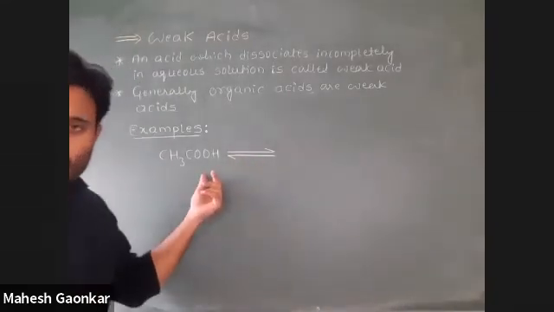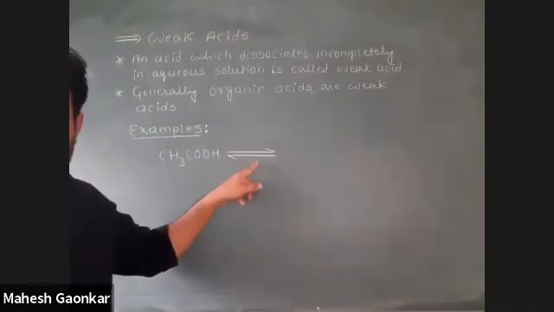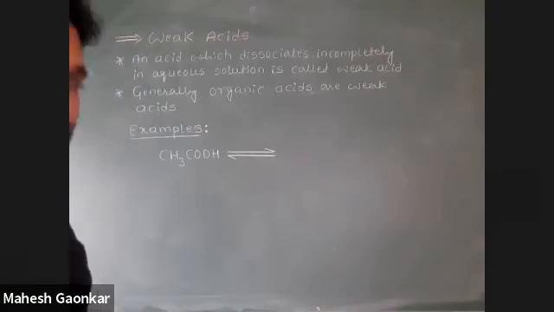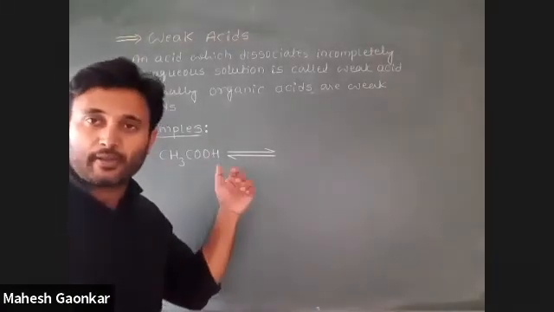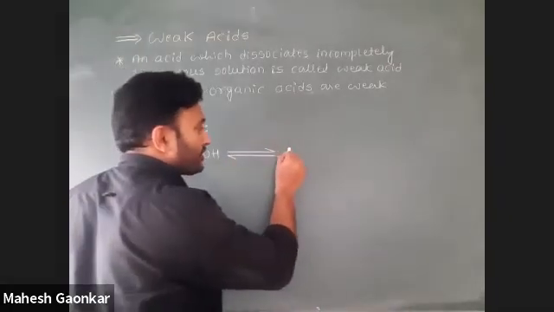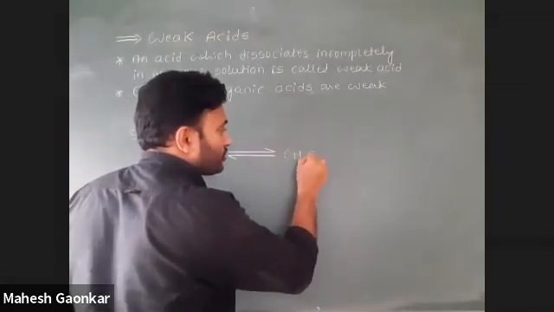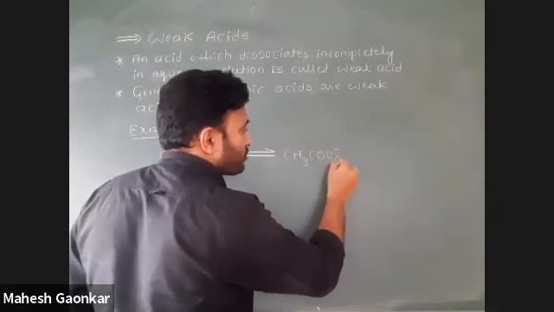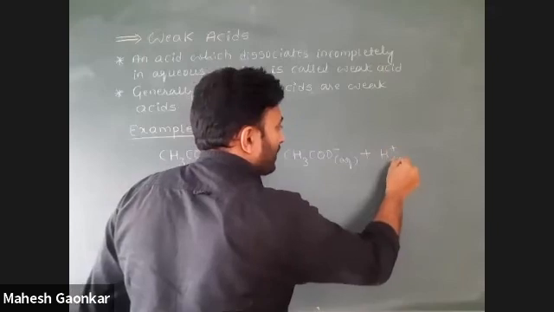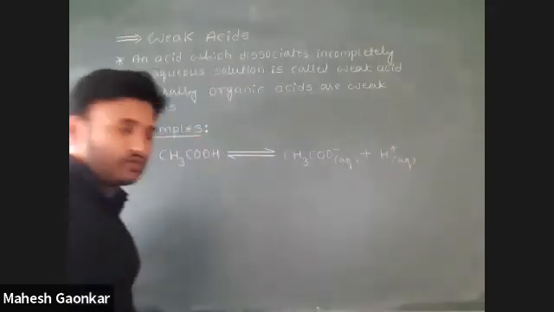If any substance dissociates incompletely, then it is represented like this, with a double arrow in opposite directions. Hope that's clear. Sometimes it's also called reversible. CH3COOH reversible CH3COO minus aqueous plus H plus aqueous.